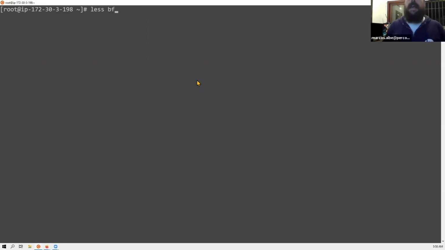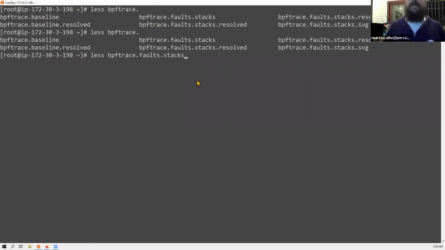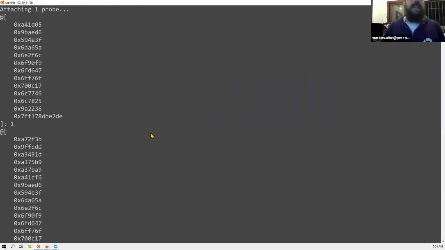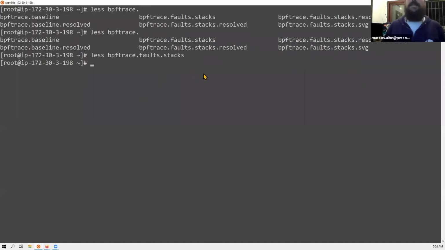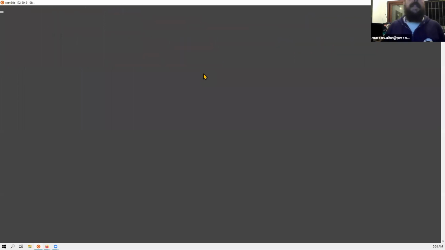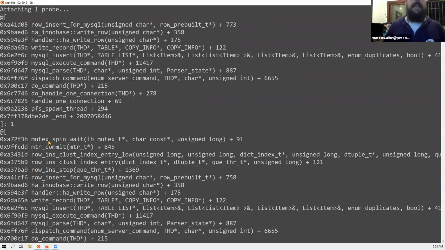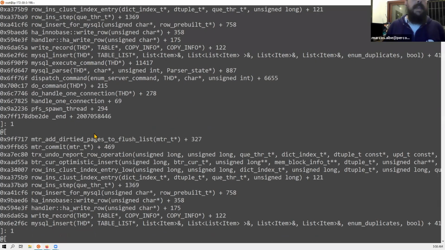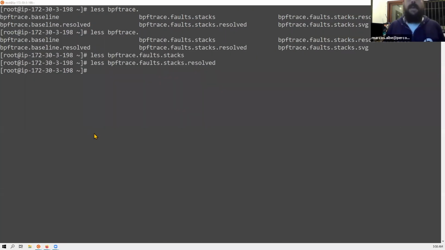I know I have like 2 seconds, Philippe, so I'm hurrying up. These stacks were unresolved, so I had to do some trickery to resolve them. Now they are fully resolved, and they have the function names. And based on this, I was able to create FlameGraphs, just like I did from perf.